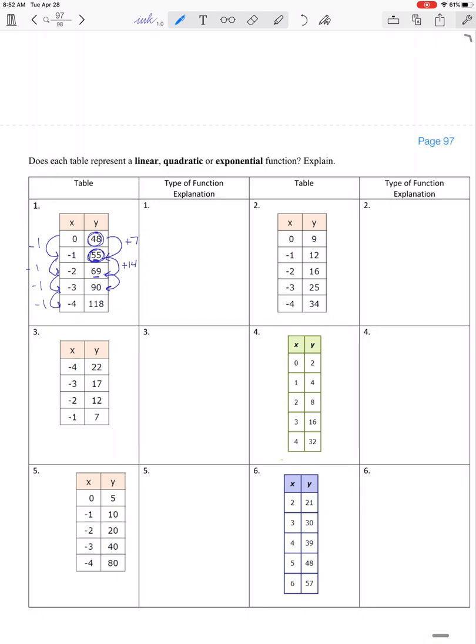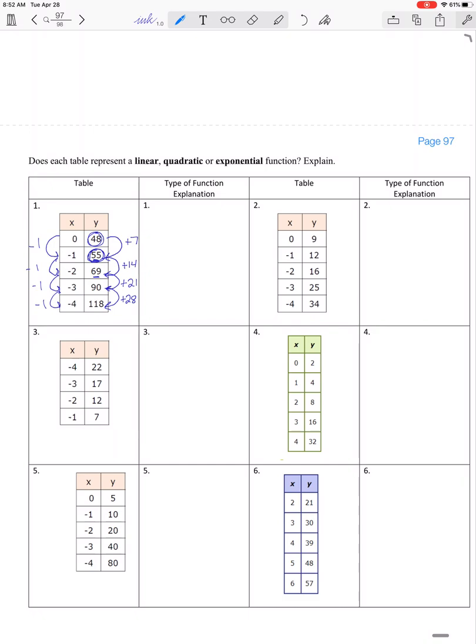Just do the bottom number minus the top number. 90 minus 69, and you would end up with 21. And how do we go from 90 to 118? You would do 118 minus 90, and we'd end up with 28.